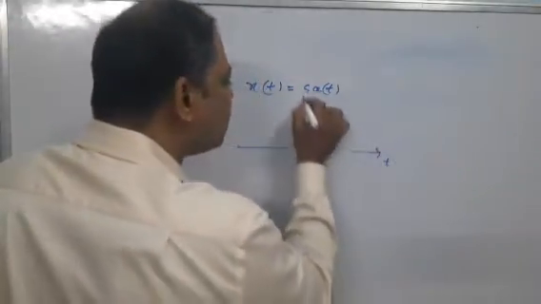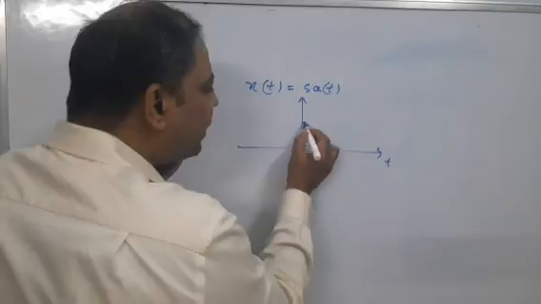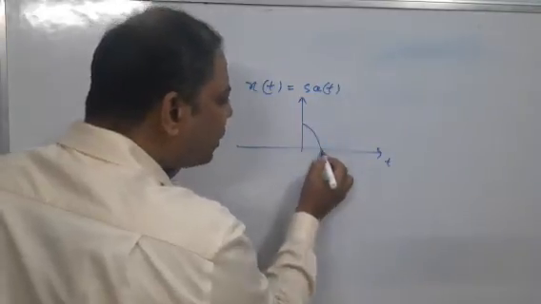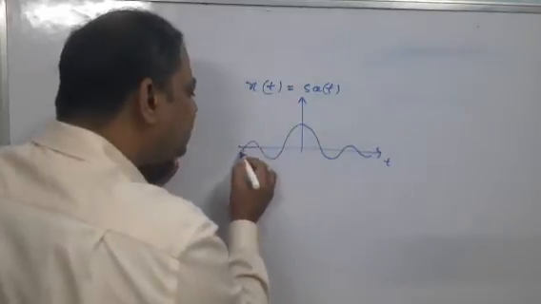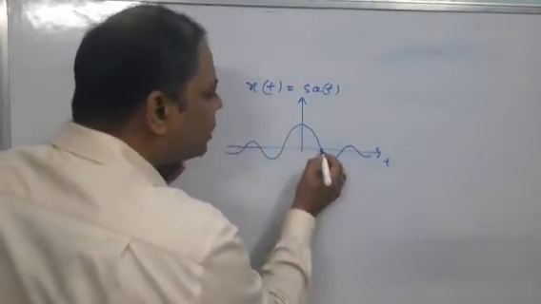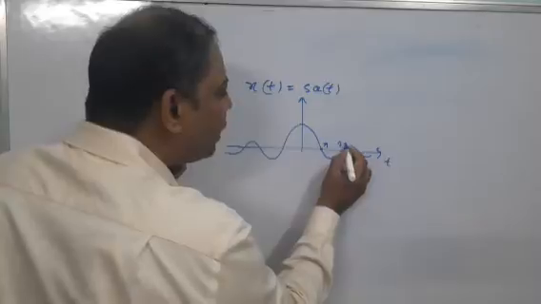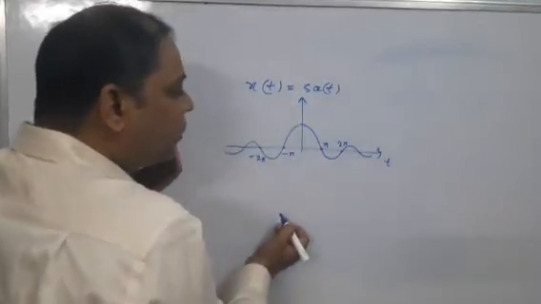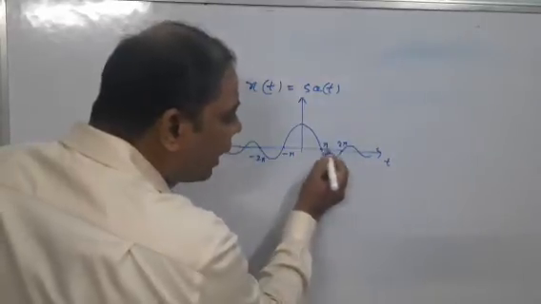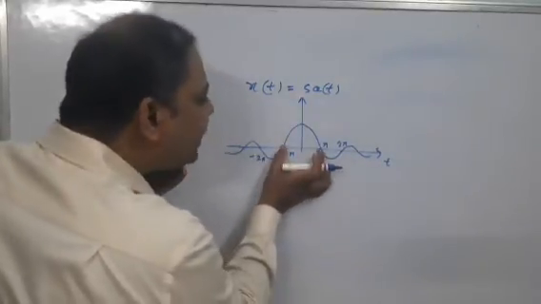I am showing the plot very quickly. Here the value is 1 and this is gradually decaying. But remember, this value is pi, this value is 2 pi, this value is minus pi, this value is minus 2 pi. And remember, this width is pi, this width is pi, but the total width is 2 pi.